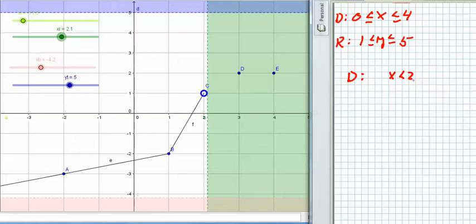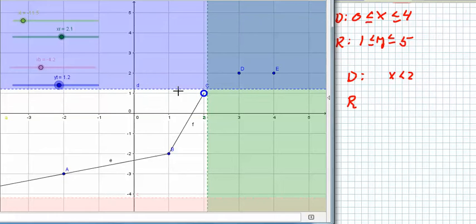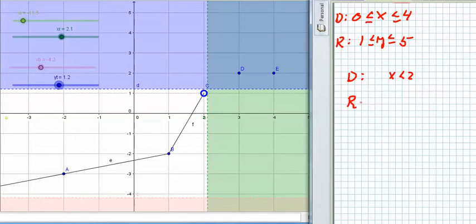I'm going to add to this in a minute. My range, I look at coming down here, the y values have to be less than 1. And they continue forever and ever. This keeps going down. So my range, my y values, are less than or equal to 1.